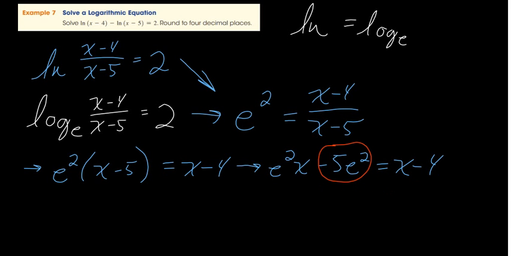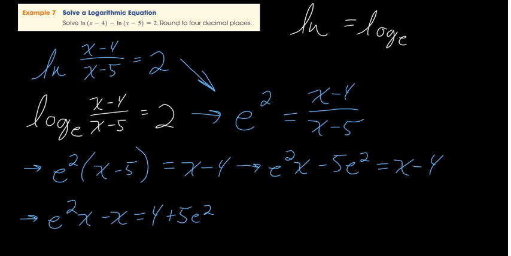So this becomes e squared x, and that's going to be minus x, because we're subtracting x from both sides. This is going over here, and that's going to be equal to 4 plus 5e squared.